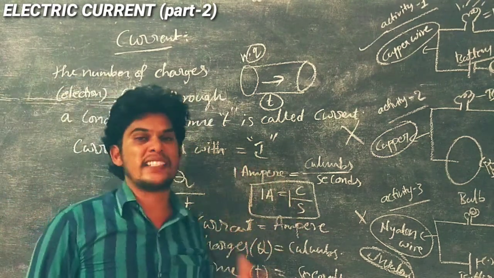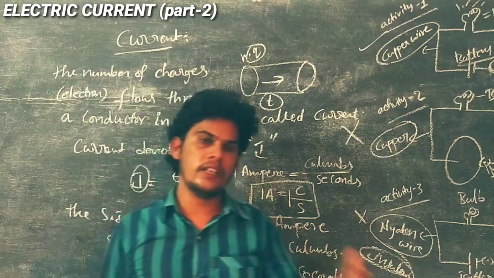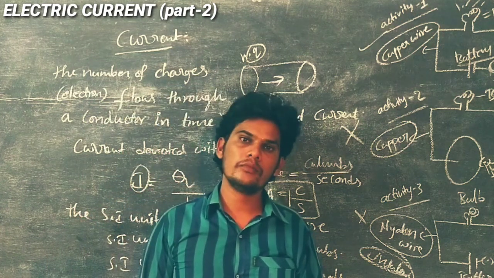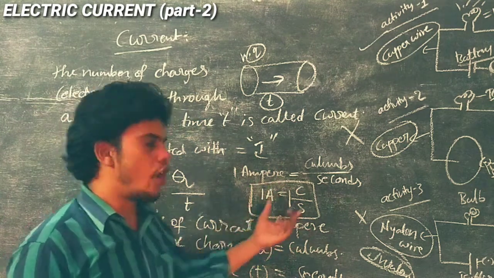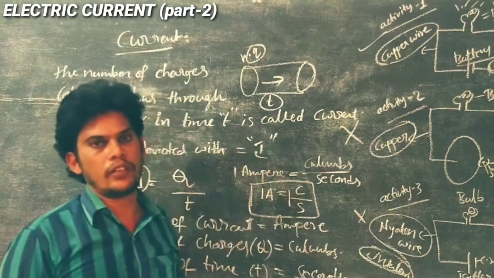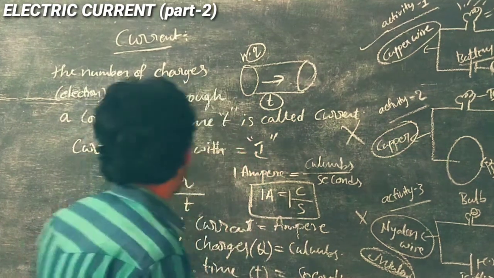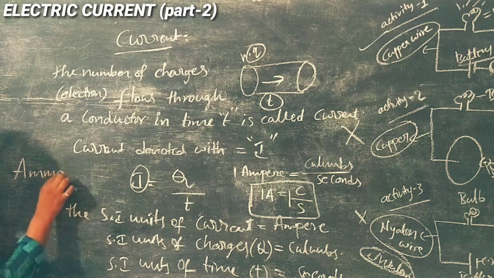This flow of current is measured with an instrument. We know already, to measure BP there is a machine, the sphygmomanometer. Like that, to measure how much current is passed through a circuit, there is an instrument, that is the ammeter.